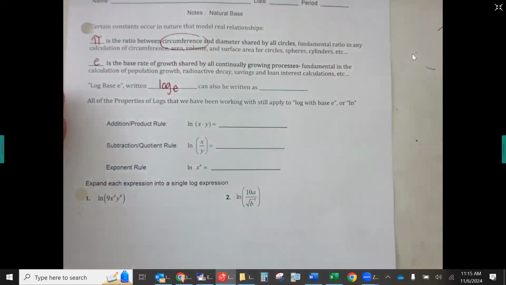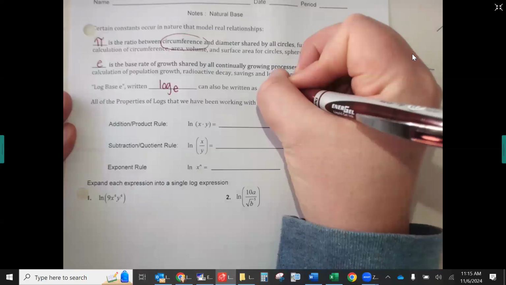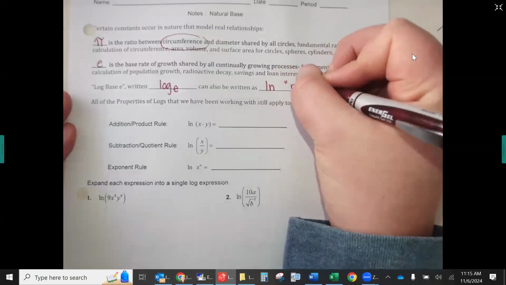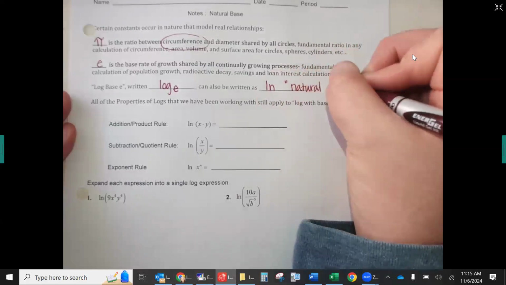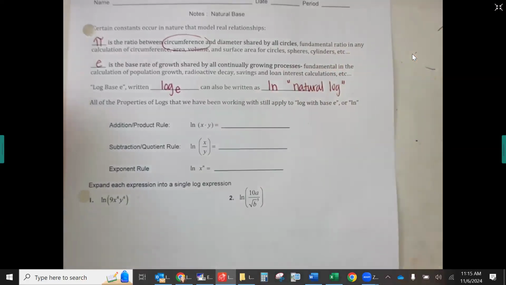okay, there is a special button for that in your calculator, and it's called LN. Okay, which stands for natural log. So anytime that you see LN, that stands for natural log or log base e.